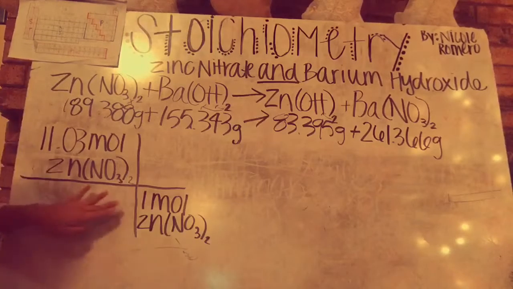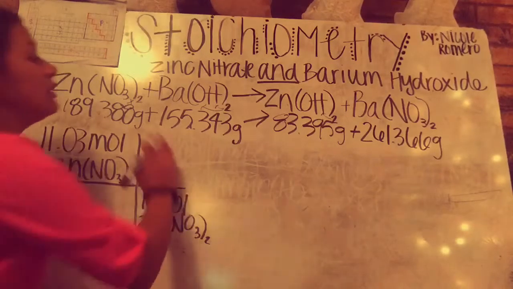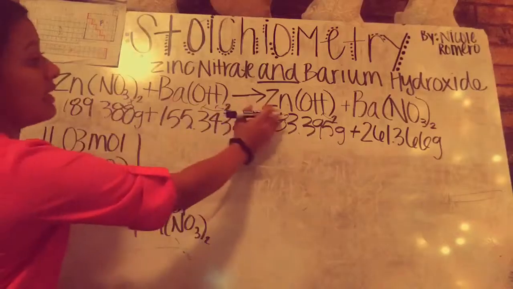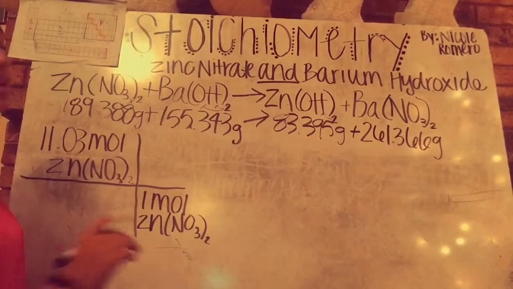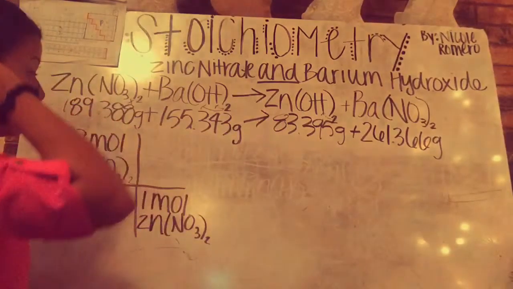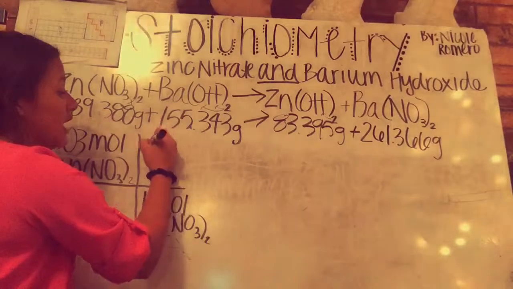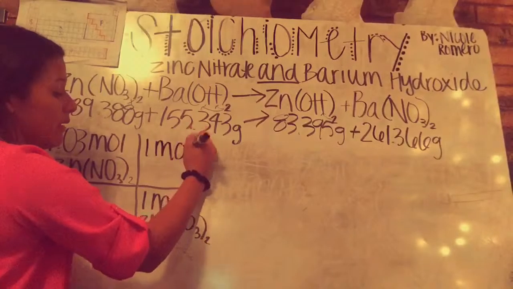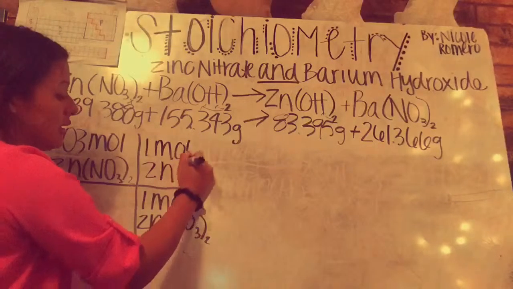So our 1 is going to come over to here, and I want to go from zinc nitrate to zinc hydroxide. So I'm going to look at the coefficient over here on zinc hydroxide, and I'm going to see that there is a 1 there as well. So I'm going to have 1 mole of zinc hydroxide.